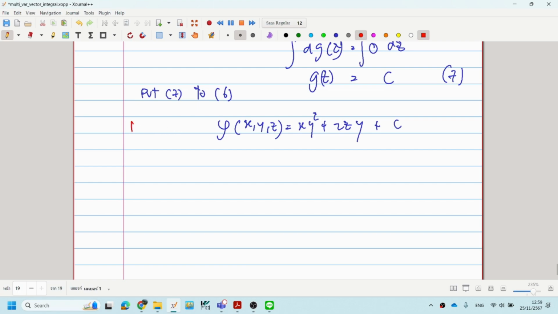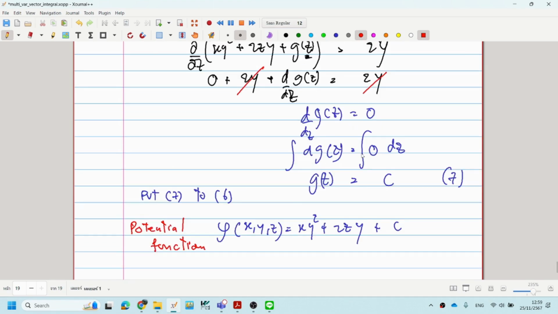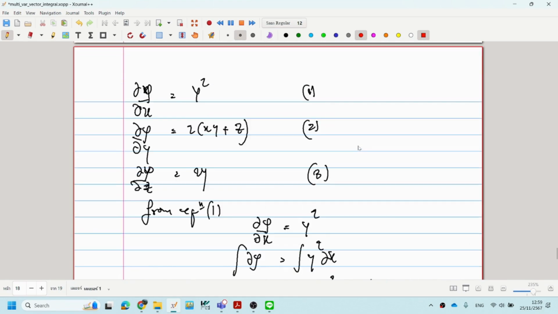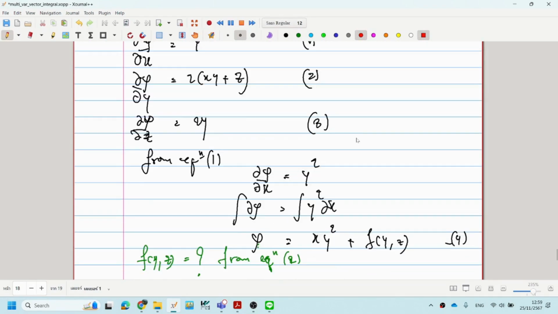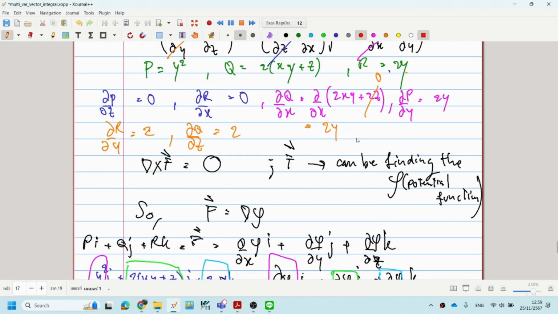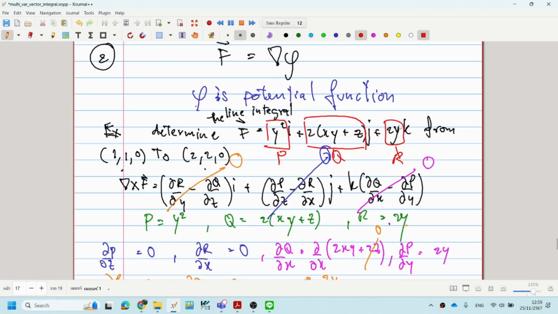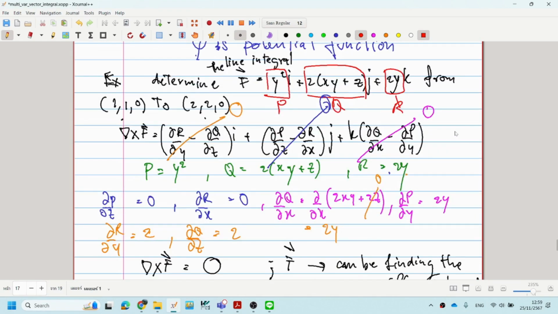This is a potential function, right? If you need to find the line integral for this problem, it now depends only on the start point and the end point.